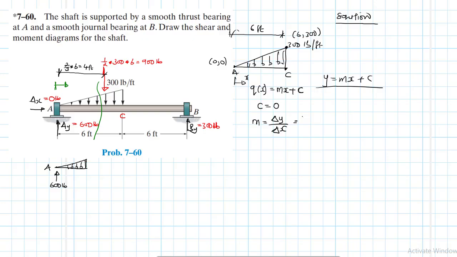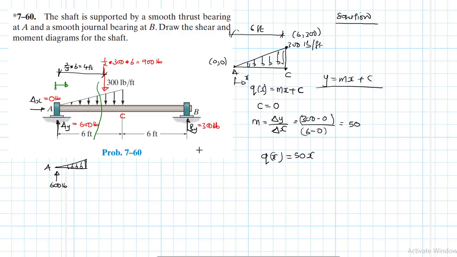All right, therefore difference in y will be 300 minus 0, divided by, in the x, 6 minus 0, right? And then finally this becomes equal to 300 divided by 6. This is 50. Okay, hence our q of x is just going to be equal to 50x.